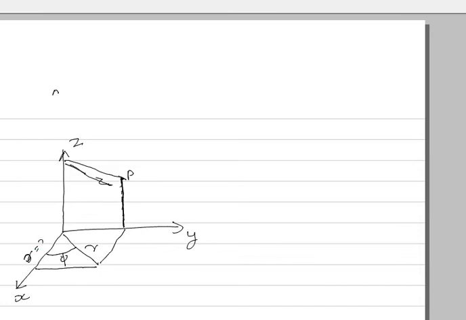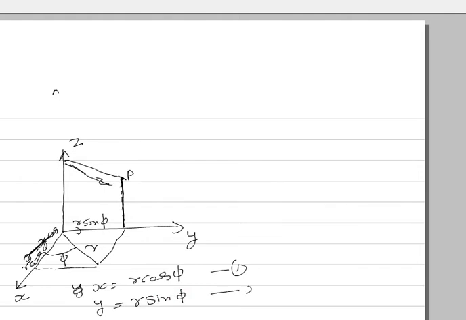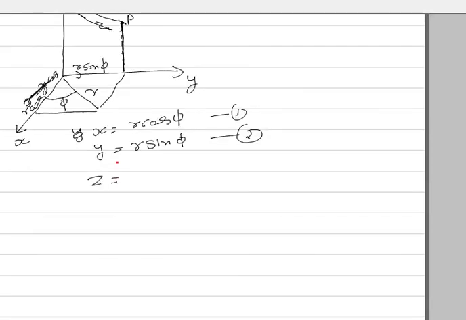So now this component is r cos phi, and this component is r sin phi. Compared to the Cartesian system, x equals r cos phi, this is equation 1, y equals r sin phi, this is equation 2, and z is the same, because in cylindrical coordinates z is the axis of the cylinder.